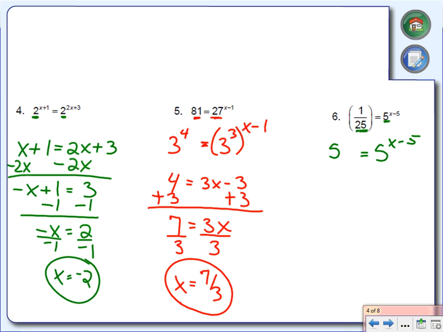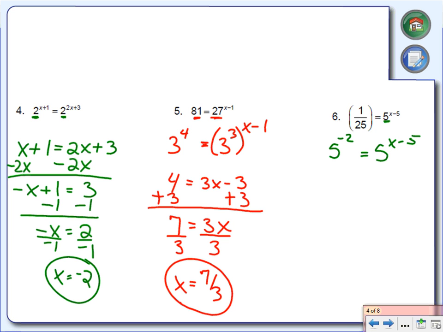So I'm looking for 5 to the something power that would equal the same thing as a 1 over 25. So think about it. 5 to what power would equal the same thing as a 1 over 25? What's that? Very good. Negative 2. So the exponent that I'm looking for here is a negative 2.